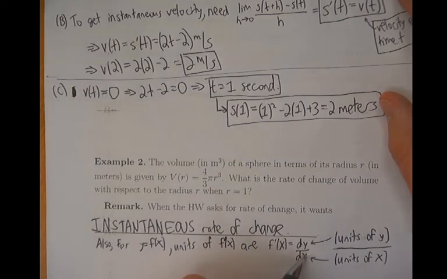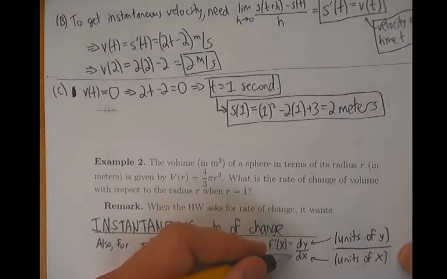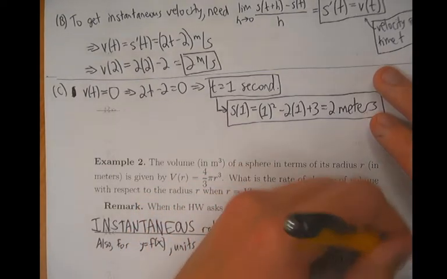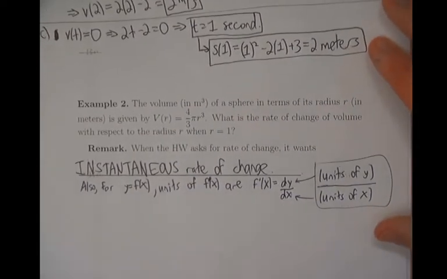Or again, whatever the appropriate variables are in the context of the problem. So in the context of problem 1, you had the units of position, meters, divided by the units of time, seconds. So just a nice little thing to keep in mind for problems like this.